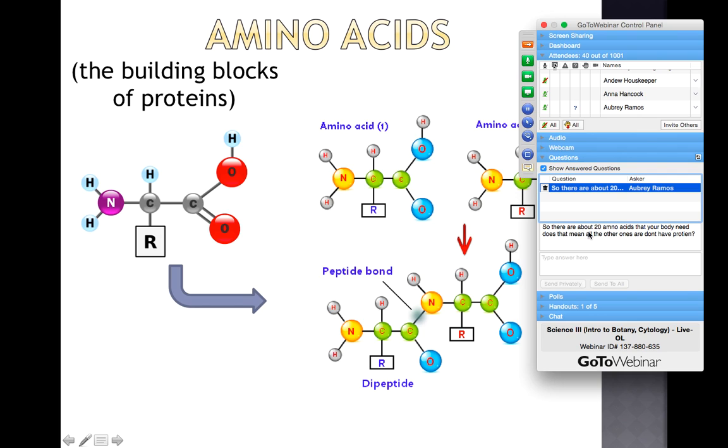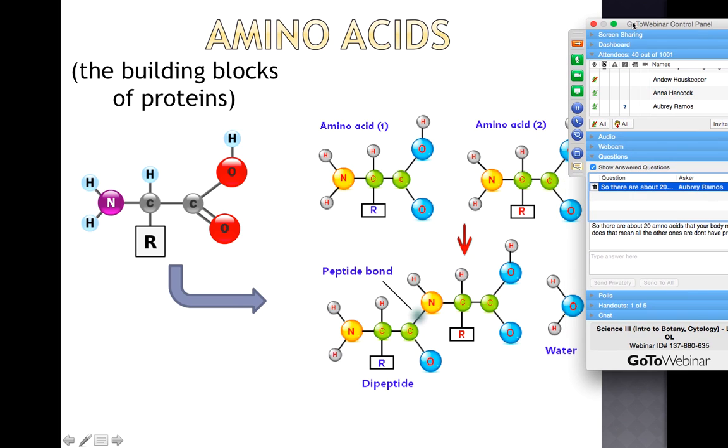Aubrey says, so there are about 22 amino acids that your body needs. Does that mean all the other ones don't have protein? So what happens is that we are going to talk more about this next class. That is why this is protein part 1.